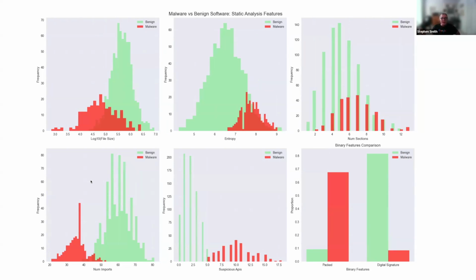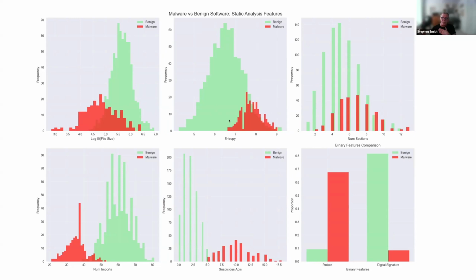So what are the key points here, right? You don't have to remember this. This is just specific for this example. But what this shows you is, if you look here, the first thing we're looking at is file size. What would you say just by looking at that? File size of malware is smaller than the file size of benign software. So that's one characteristic, and our algorithm knows that. The next thing is entropy.